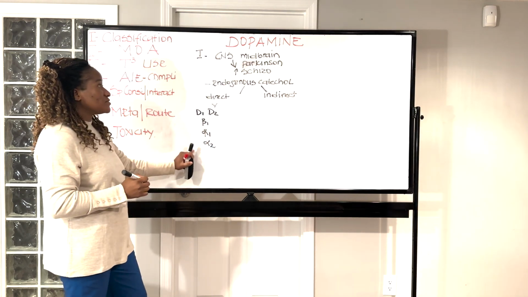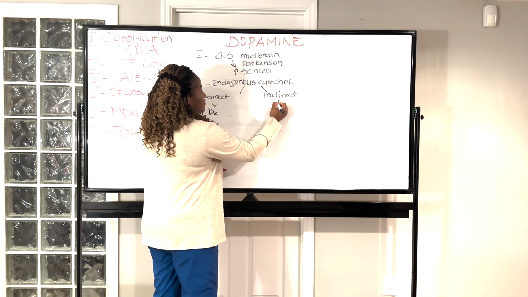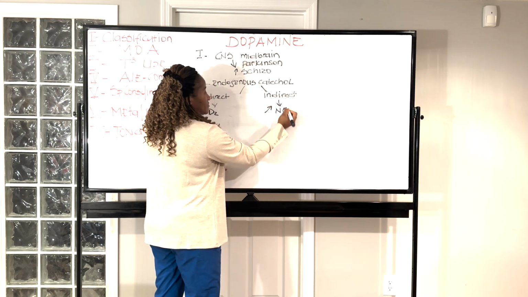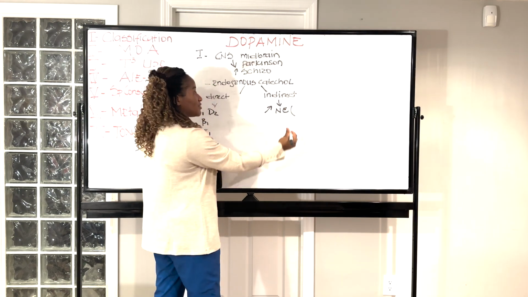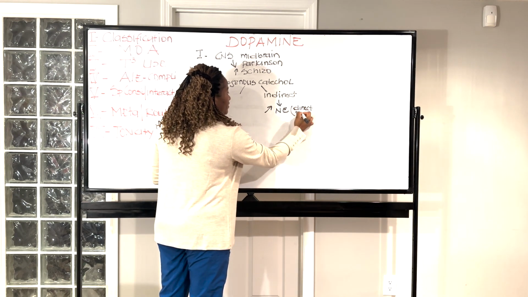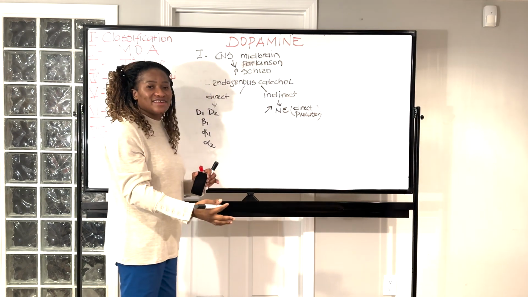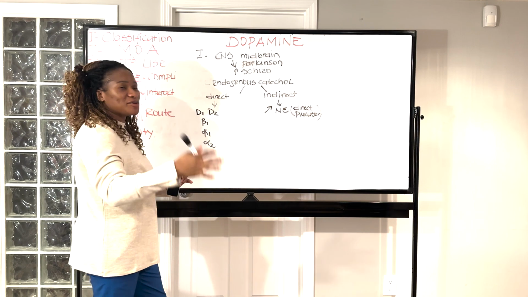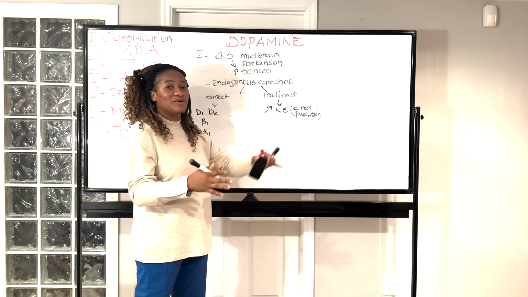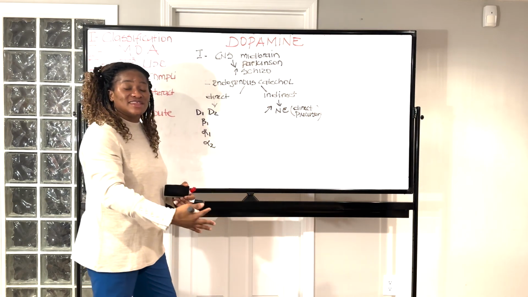So all these receptors are going to be stimulated by dopamine, and indirectly we see that it's going to increase the release of norepinephrine because it's a direct precursor of norepinephrine. When I say direct precursor, it is that you need dopamine in order to make norepinephrine. It's actually a chain of reaction. For the purpose of this video, we are not going to talk about it. We're going to limit ourselves to a direct precursor of norepinephrine. So it increases the release of norepinephrine in our body.